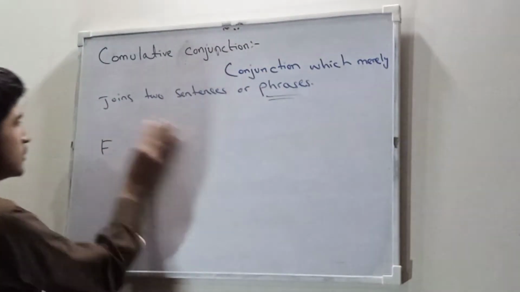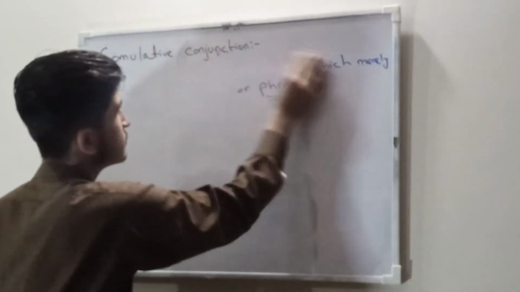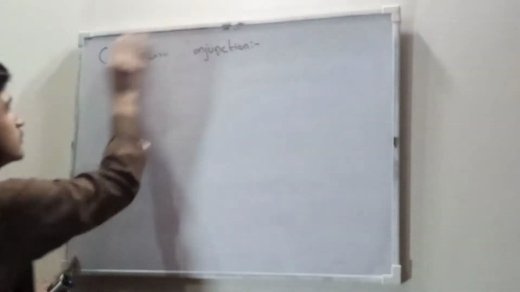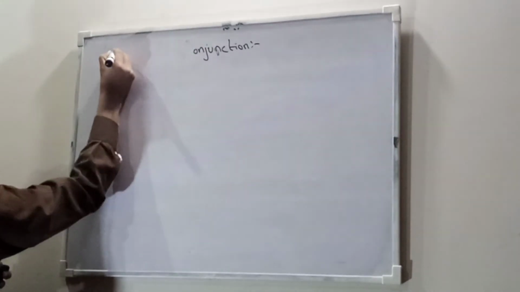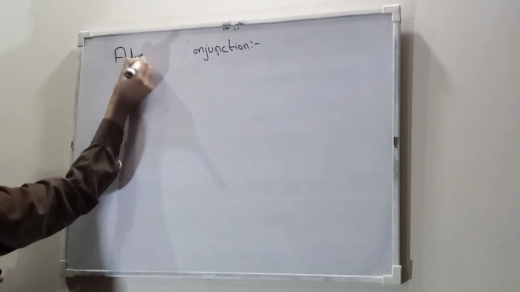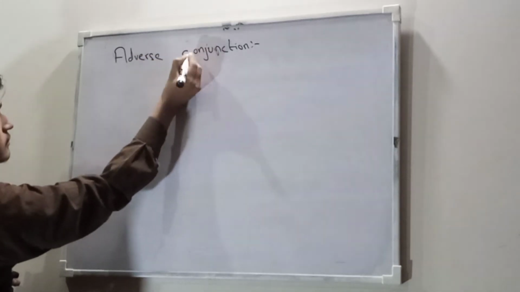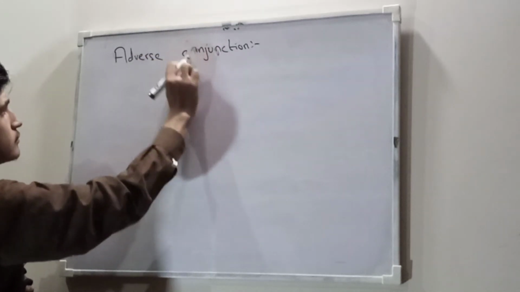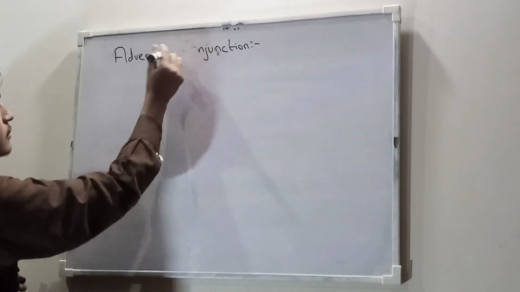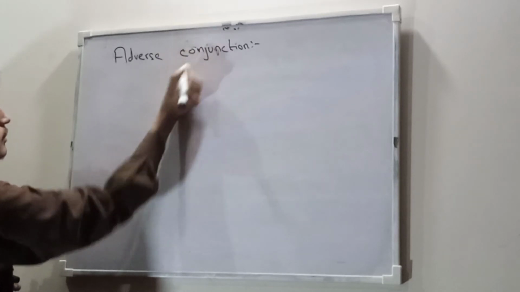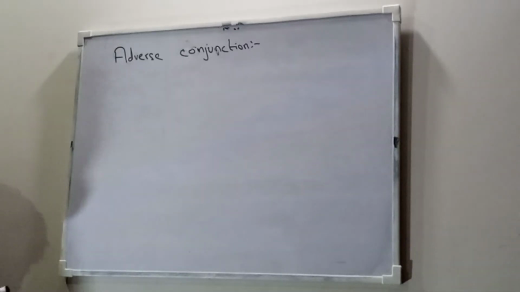After this we will study the second type, which is known as adverse conjunction.